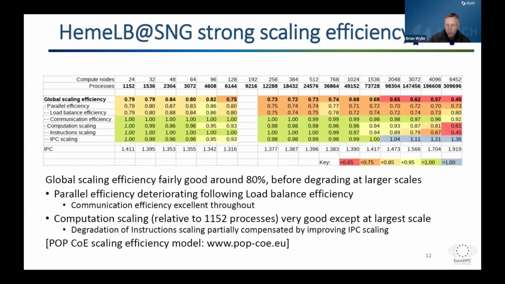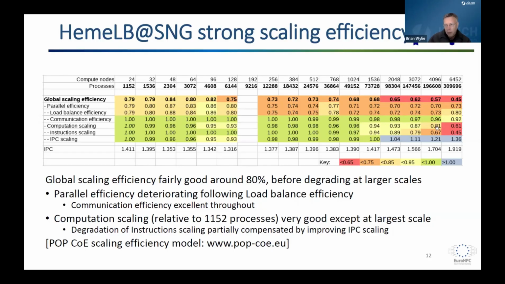The partitioning algorithm was complicated, and sometimes it worked a little bit better than others. But load balance was one of the major inefficiencies, not only at the largest scales, but also at the very smallest scales here as well. So it was a constant factor that was limiting the application performance.